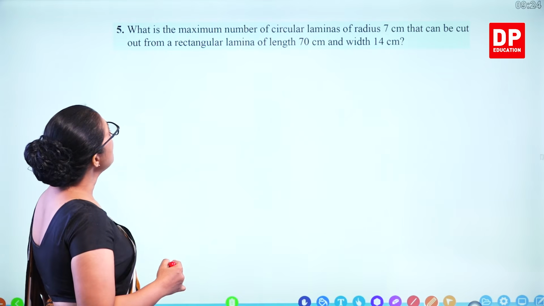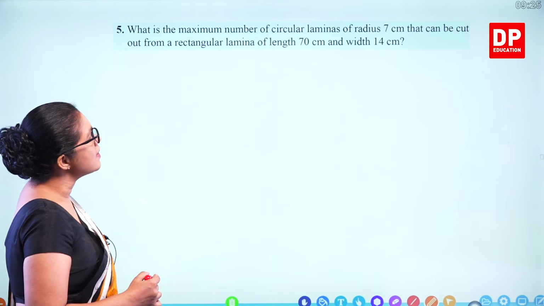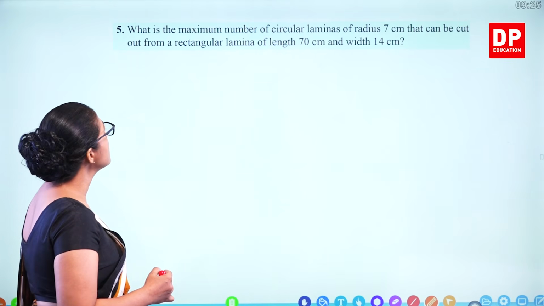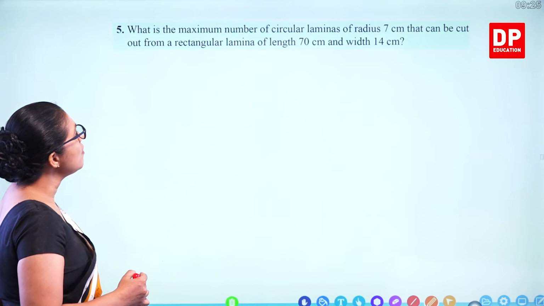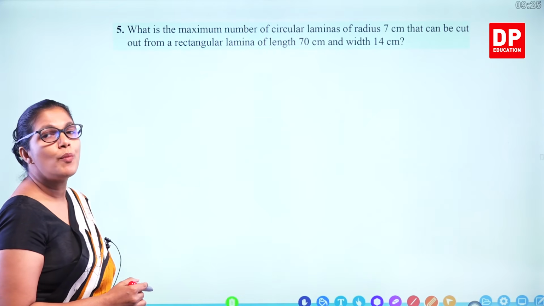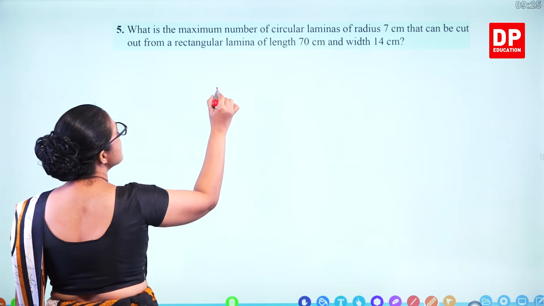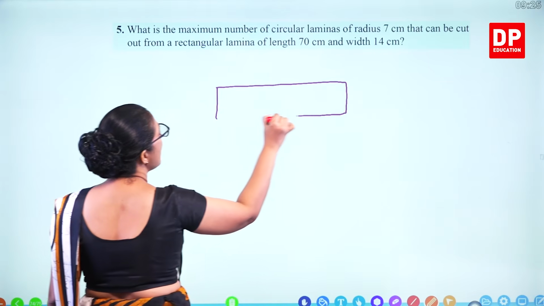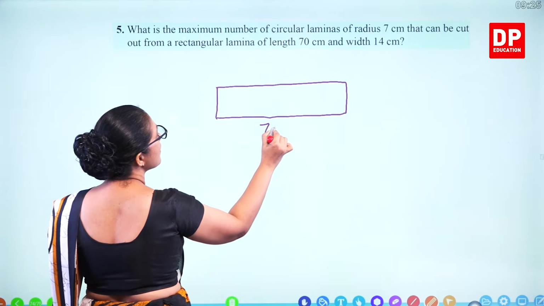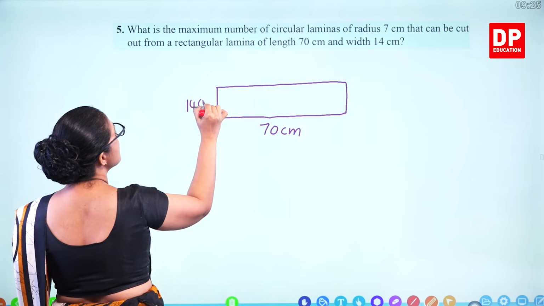Question number 5. What is the maximum number of circular laminas of radius 7 centimeters that can be cut out from a rectangular lamina of length 70 centimeters and width 14 centimeters? So that means this is like a rectangular strip, 70 centimeters long and the width is 14 centimeters.